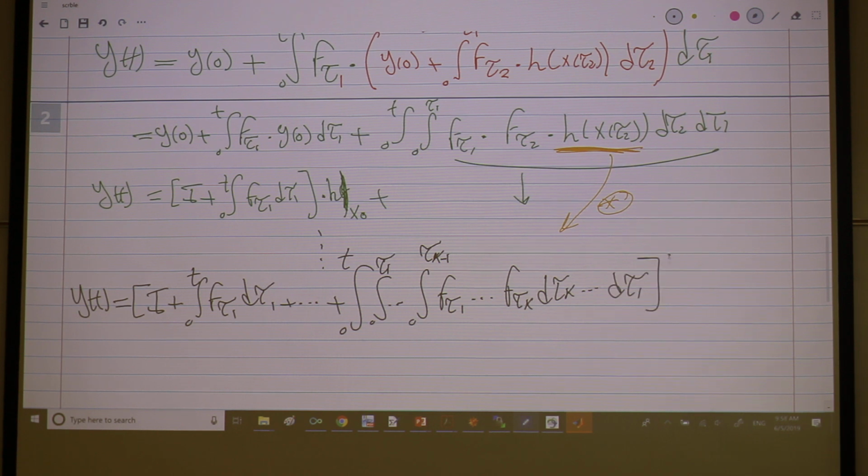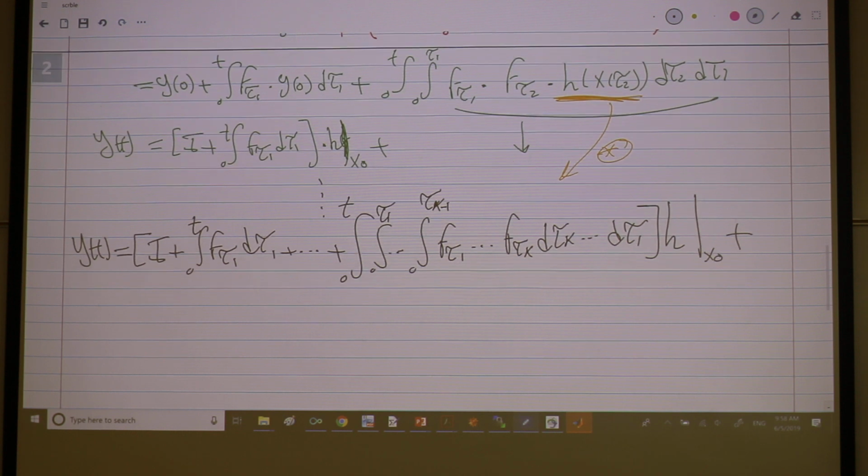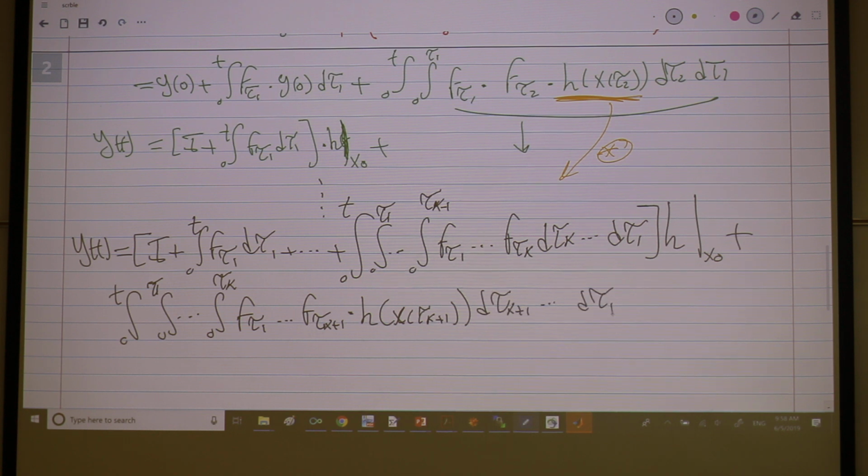This is all acting on h evaluated at x naught, and the remaining term is also an iterated integral, the next level: f tau 1 up to f tau k plus 1, acting on h at x of tau k plus 1, d tau k plus 1 up to d tau 1.